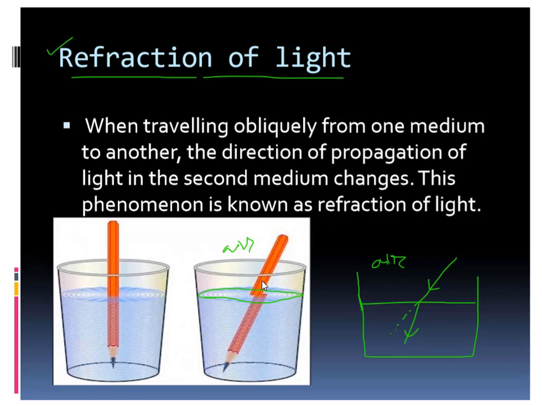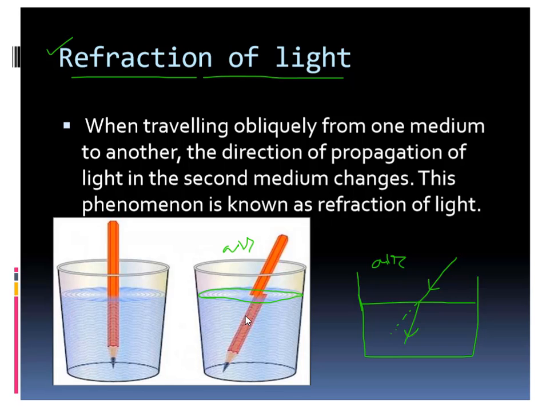The pencil is not actually bent, it is a straight pencil. But as the medium changes from air to water, two different mediums having two different densities, the light ray bends. It doesn't move in a straight line. So this phenomenon of light is known as refraction.